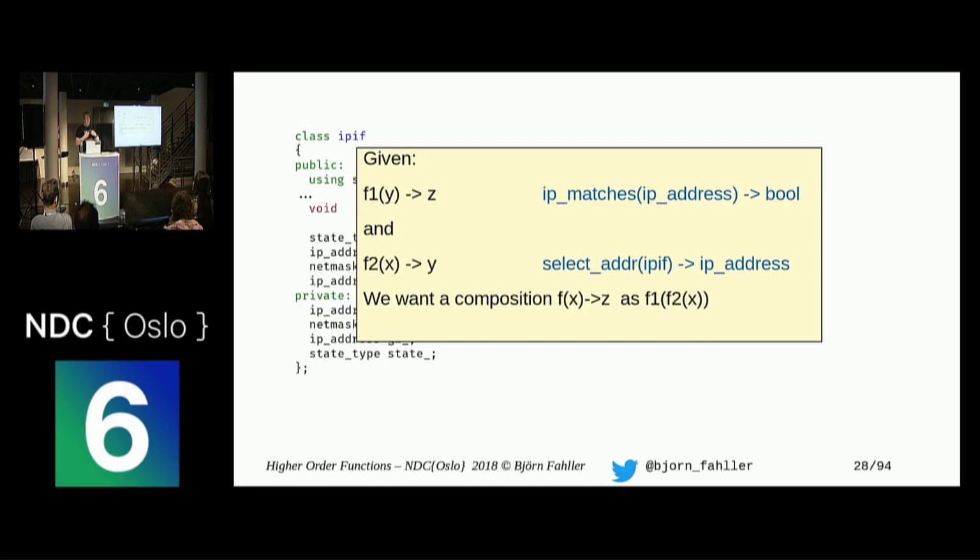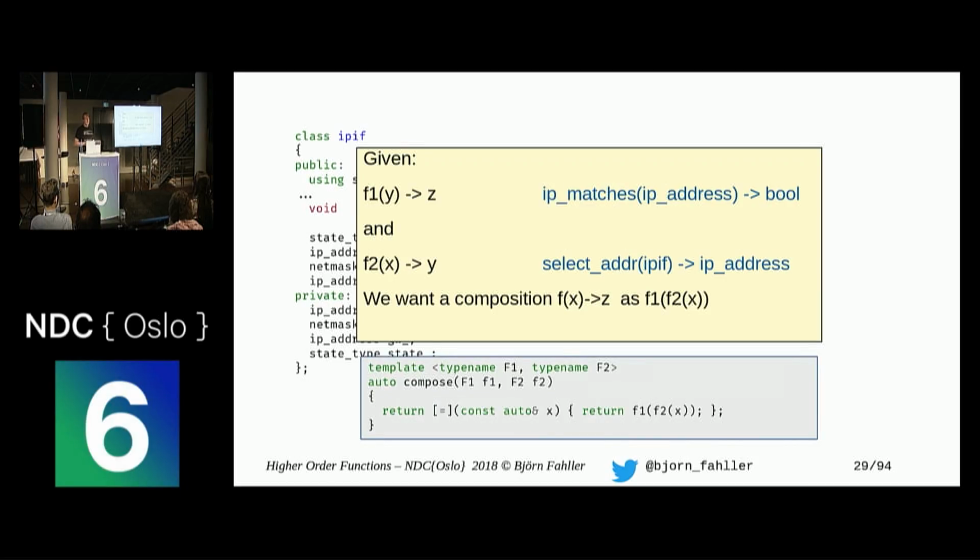So how can we write such a composition? And it's surprisingly easy. So I just write a function template that takes two functions, f1 and f2. Use the auto return type, return a lambda, that when called with something x, it returns the result of calling f1 with the result of f2 of x. And we're done.